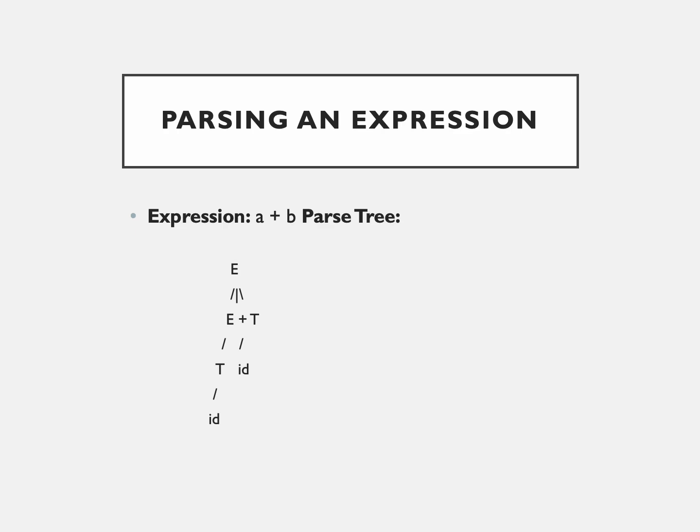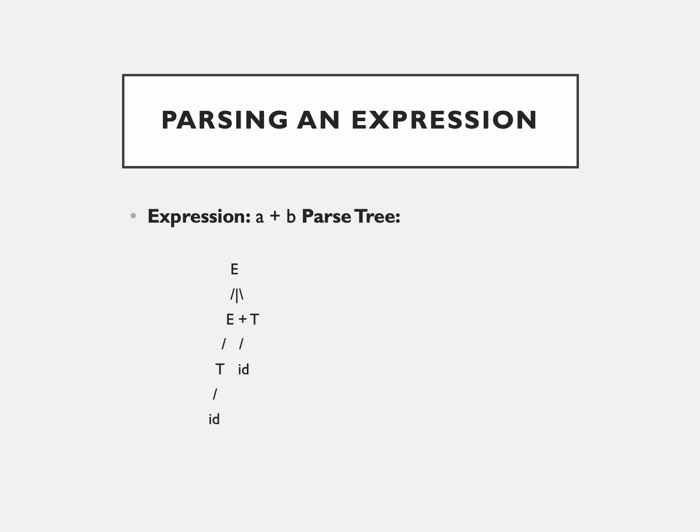Okay, now let's see how an expression is parsed using a parse tree. For this example, we are parsing the expression a plus b. Using the grammar rules we discussed earlier, the parse tree is constructed as follows. The root of the tree is E, the expression, representing the overall structure of the expression.